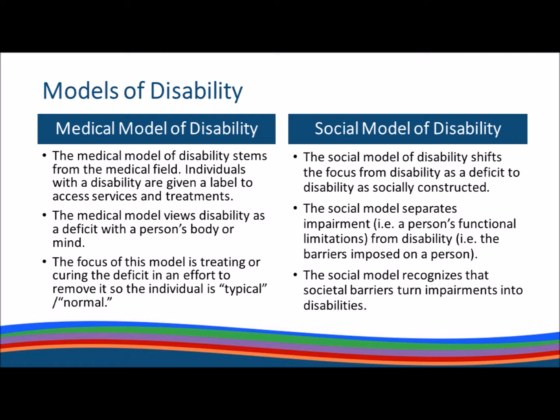I want to go back to the second bullet point here as it's important. The social model does not exclude education, accommodations, and supports. This is an important distinction. The distinction is separating the impairment from the disability. Neurodiversity is rooted in this social model of disability.